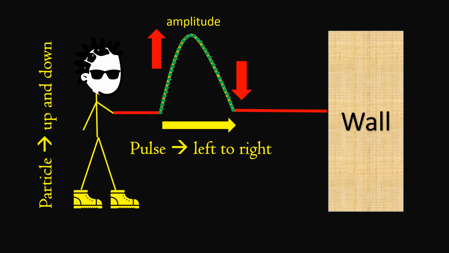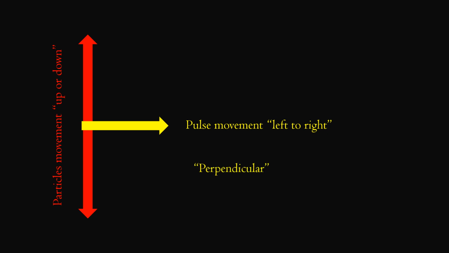But what do I mean when I say that the particles of the medium move at right angles to the direction of motion of the pulse? To answer that question, we are going to borrow from mathematics. We have agreed that the particles of the medium move up and down, whereas the entire pulse moves from left to right. The two directions of travel are said to be perpendicular to each other.